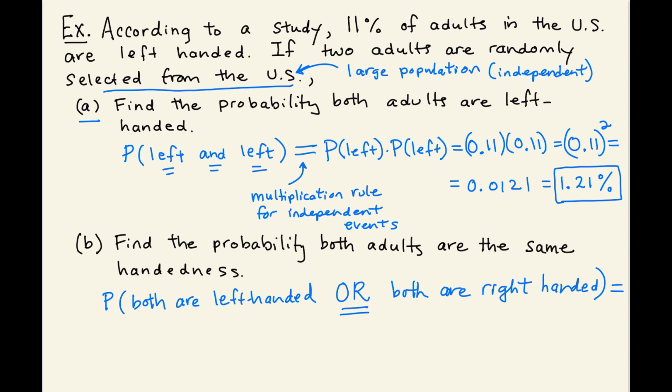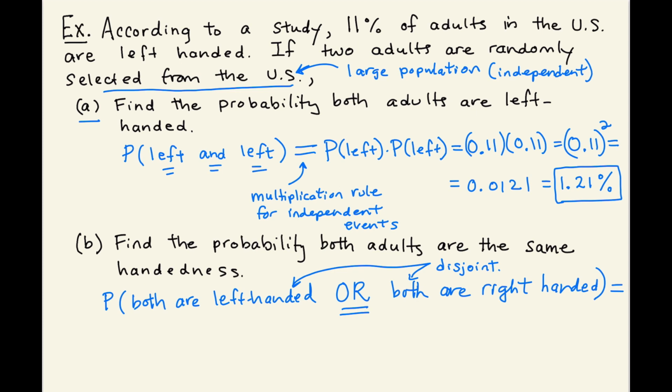I'm also going to note that selecting both individuals being left-handed and both individuals being right-handed, these are disjoint events because they can't occur at the same time. If both individuals are left-handed, they can't also both be right-handed.